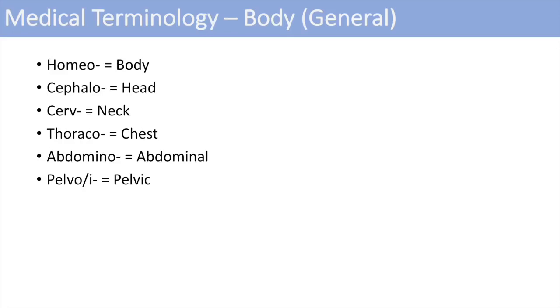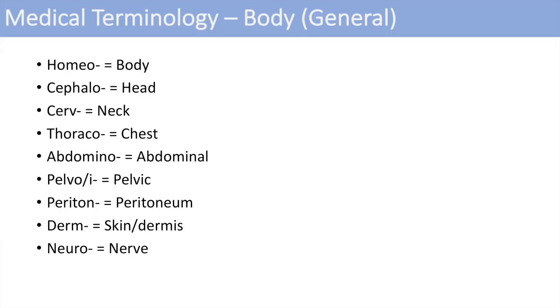Pelvo or pelvi is just related to your pelvis. The perito is just related to the peritoneum, so the lining within your abdomen. Derm, which means skin, or more specifically dermis. And neuro for nerve. And hemo for blood.